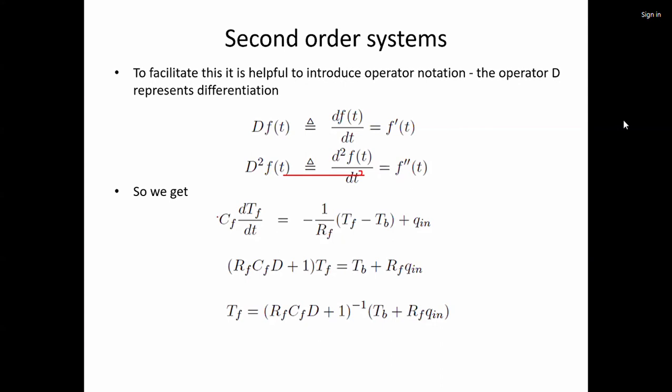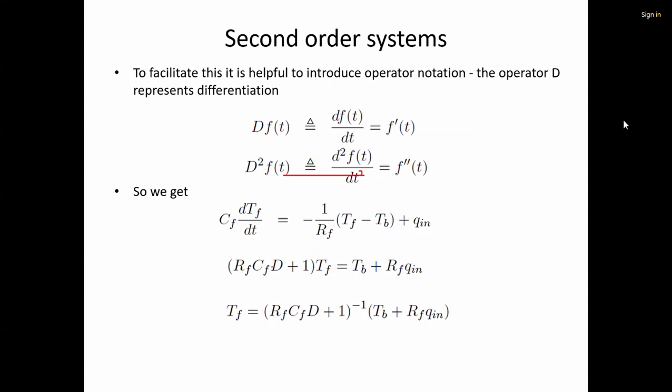So you have RF into CF into d by dt, which is D, and then you will also have TF here, minus TF on the right hand side. If you take it to the left hand side, it will become plus TF. So that means (RF CF D plus 1), the whole thing into TF.